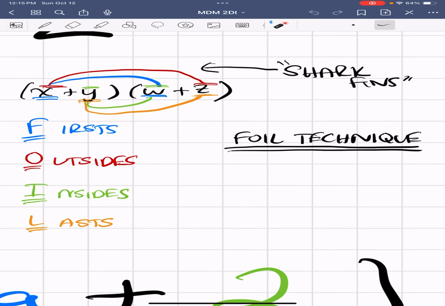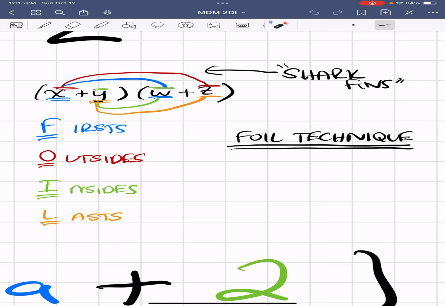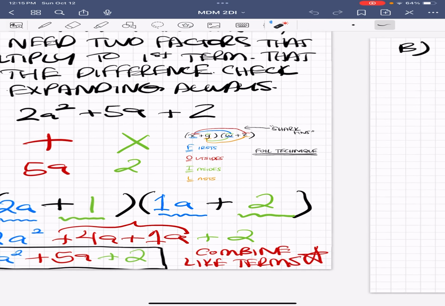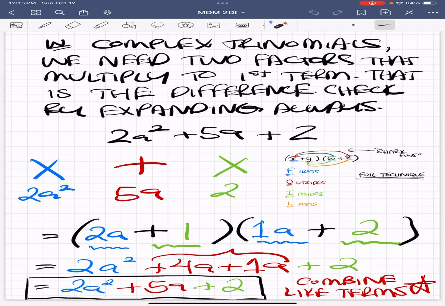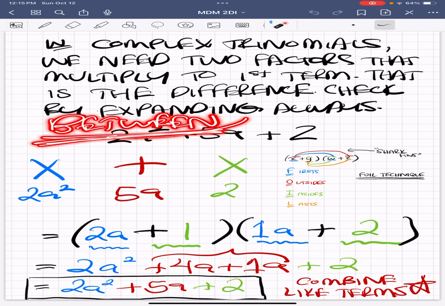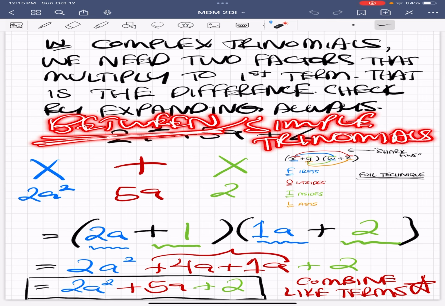I'm going to zoom in, and then I'm going to zoom out. You might want to pause it here if you want to write this down. With complex trinomials, we need 2 factors that multiply to the first term, and that is the difference between simple trinomials and complex trinomials.